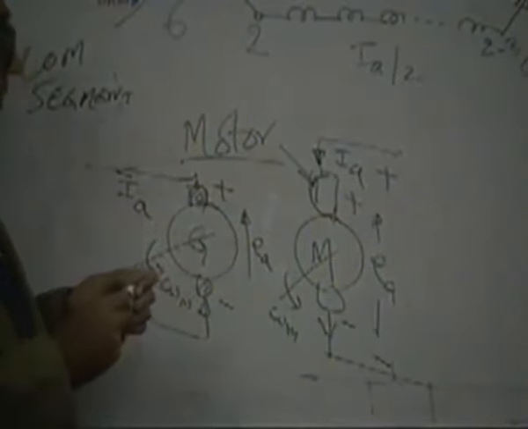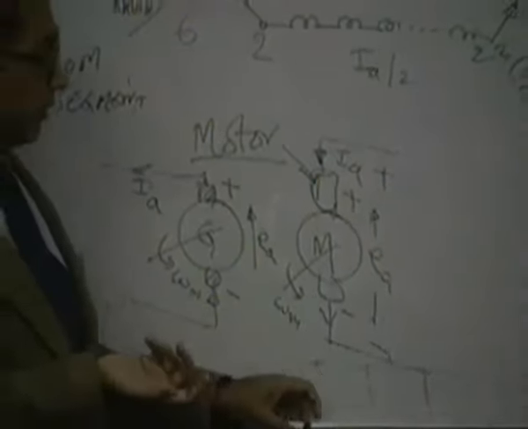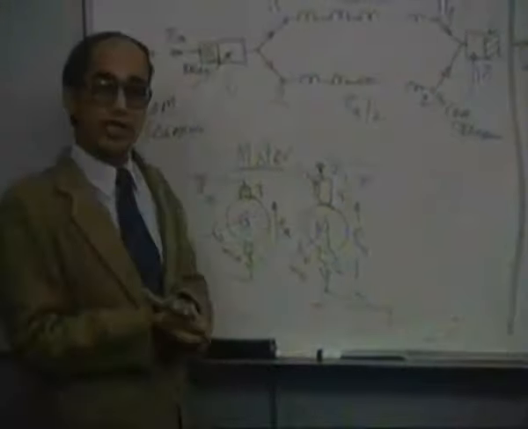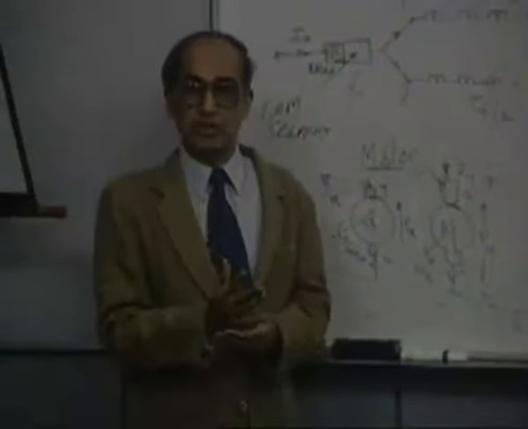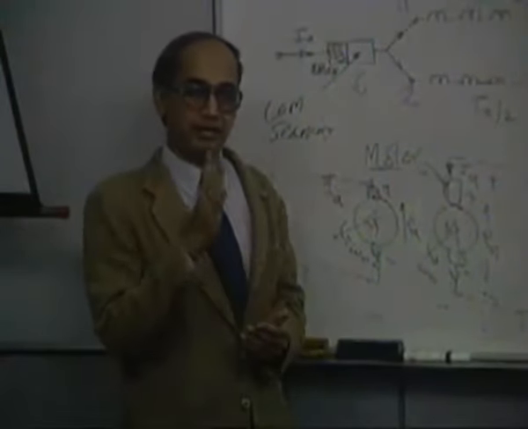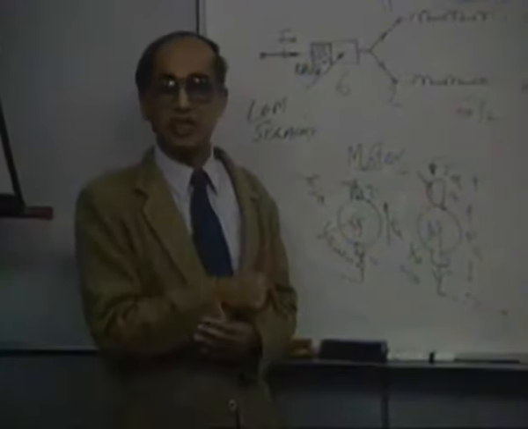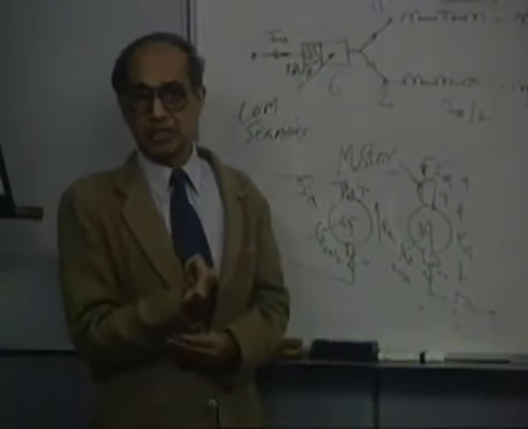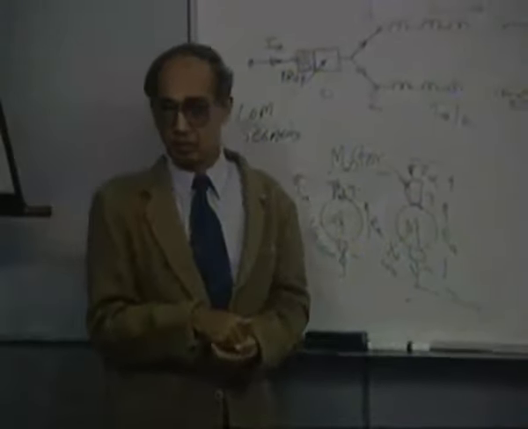So it is possible how we give a symbol of voltage and current. Voltage will always be positive, whereas current could be either positive or negative. If you consider positive for generator, then it will be negative for the motor.